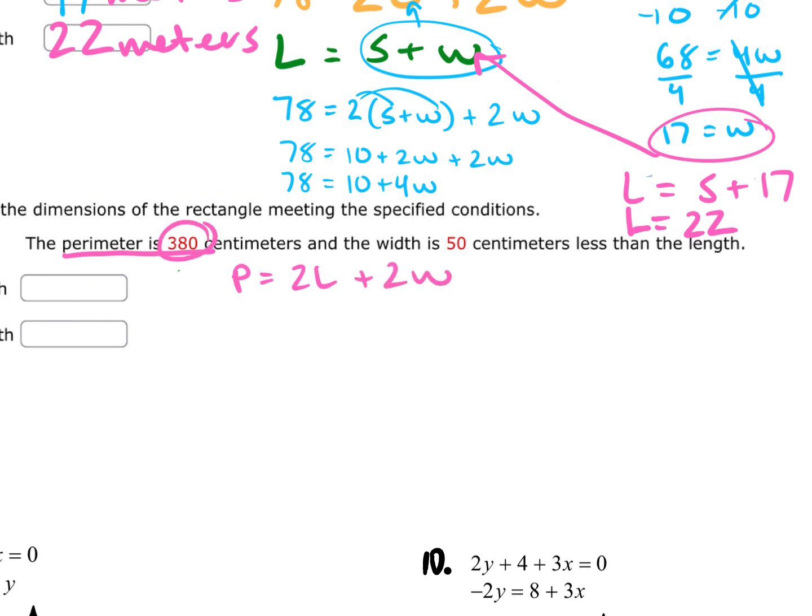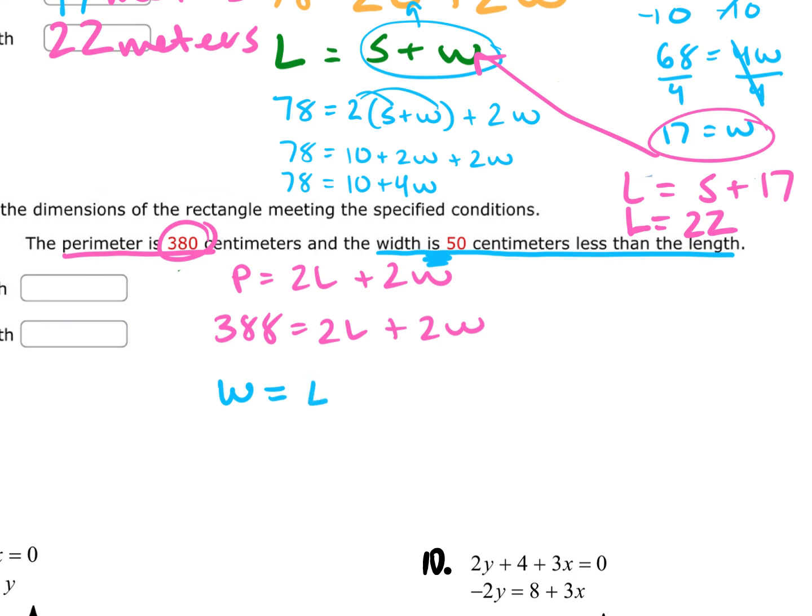It tells us that our perimeter is 380, so we'd say 380 is equal to 2L plus 2W. Now the next important piece of information says the width is 50 centimeters less than the length. So W equals, whenever you see the word is, put an equal sign, 50 centimeters less than the length.